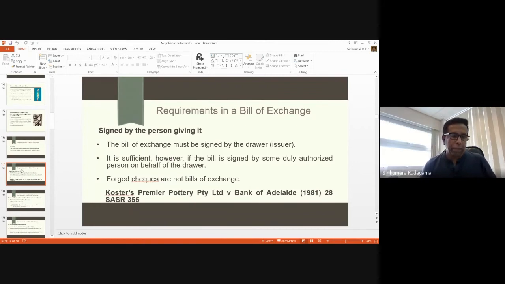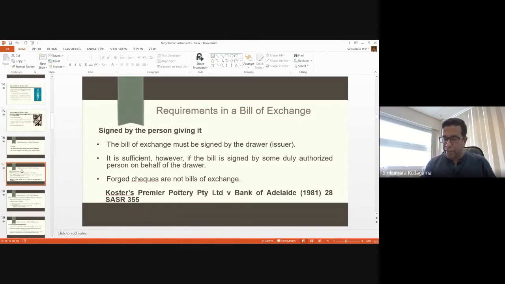Now, if I'm a customer of a particular bank, say Bank of Ceylon, and Bank of Ceylon may have given me a checkbook. Whenever I draw a check using one of those check leaves, I'm giving an order to Bank of Ceylon, meaning that I'm drawing a check on Bank of Ceylon. So I'm the drawer. Bank of Ceylon is the drawee. That is the party to whom the order is addressed, on whom the check is drawn.